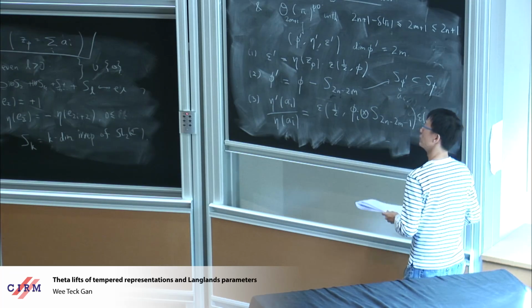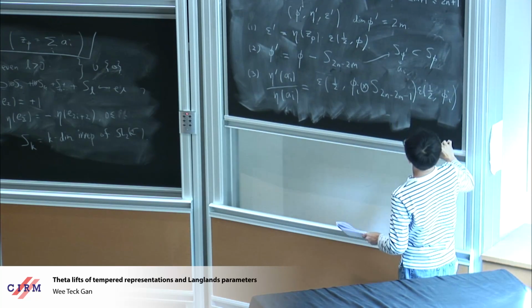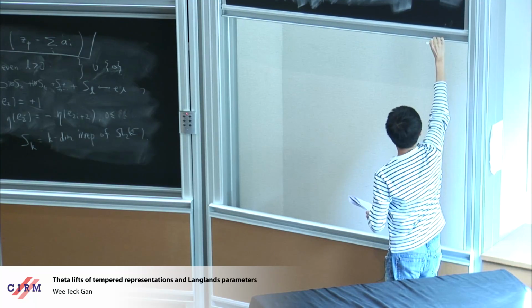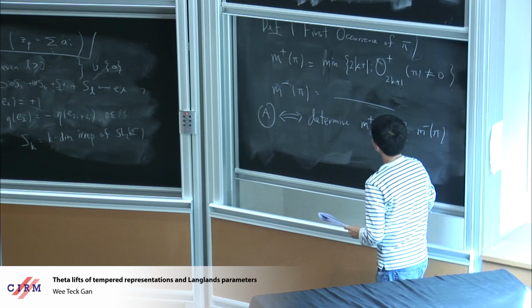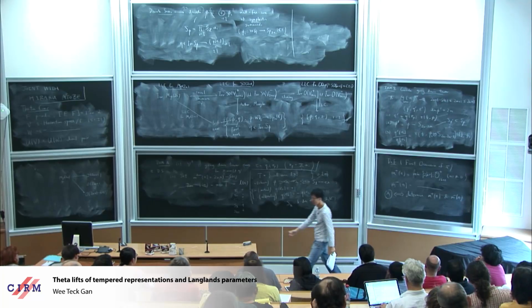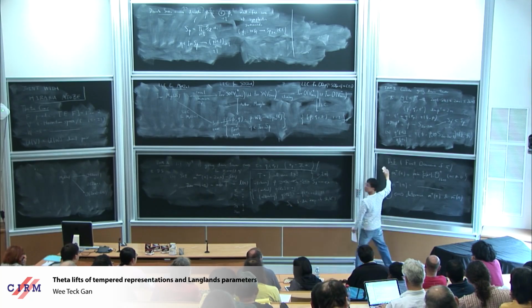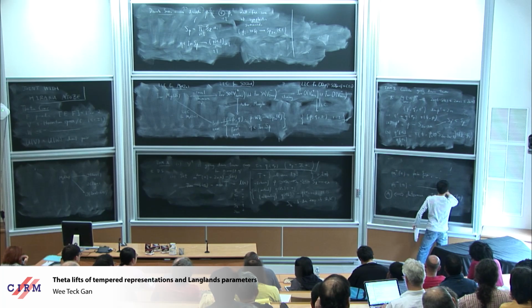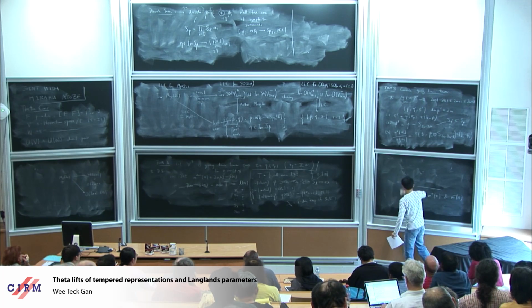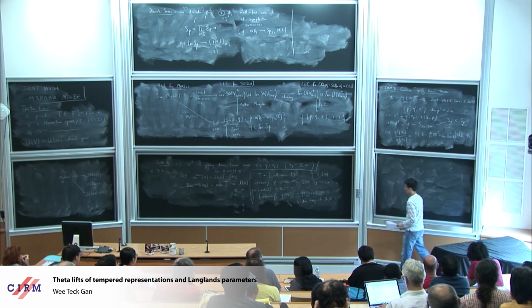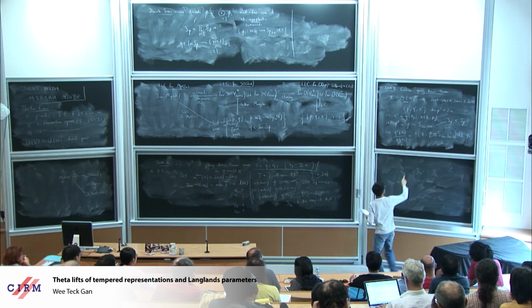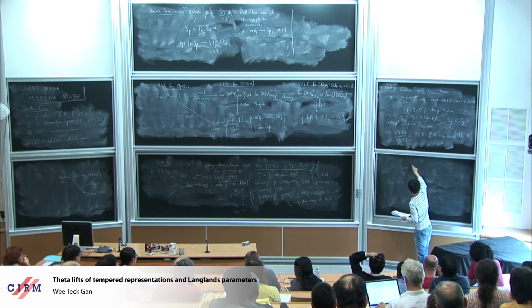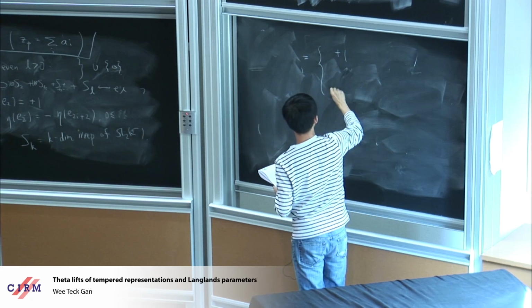In fact this root number is very easy to calculate, so let me write more explicitly what this is. That product of a local root number is either +1 or -1.